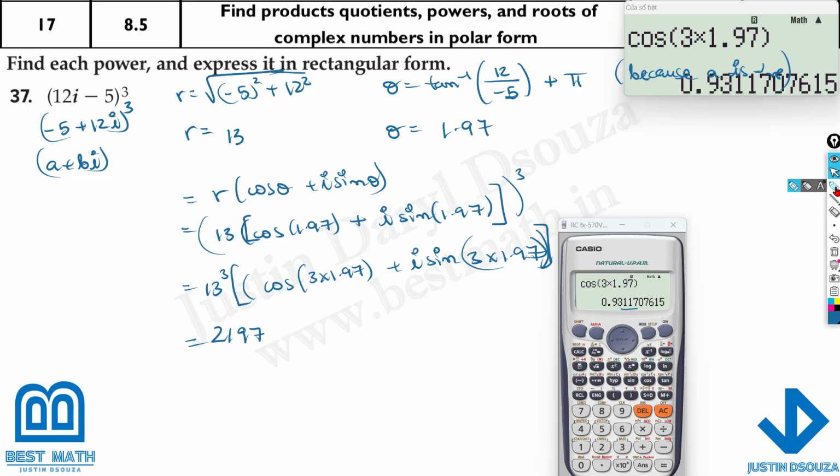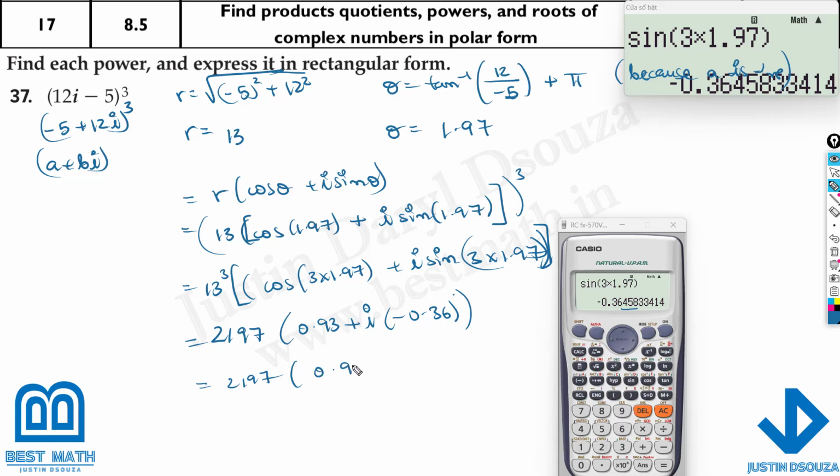The answer is 0.93. It's 0.93 plus I times, over here all you need to do is change this from cosine to sine. Only one sine, and here we go. It is minus 0.36. So everything together, that will be 2197 times this is fine, but this will be minus 0.36 I.